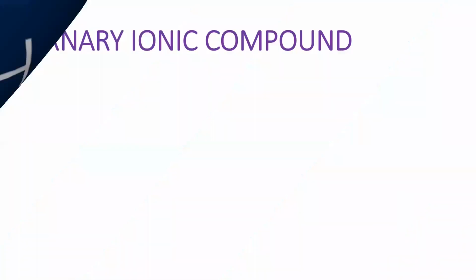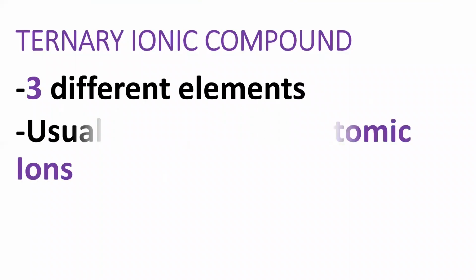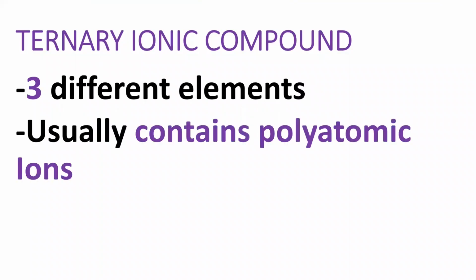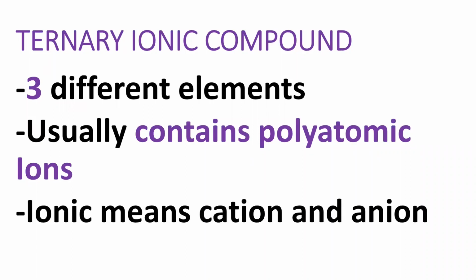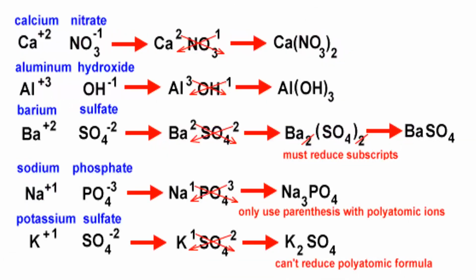In ternary ionic compounds, there are three different elements combined together. Usually, they contain polyatomic ions. Remember, ionic means there is a cation and an anion. And these are the examples. For calcium nitrate, since the charges are not balanced, do the crisscross method.